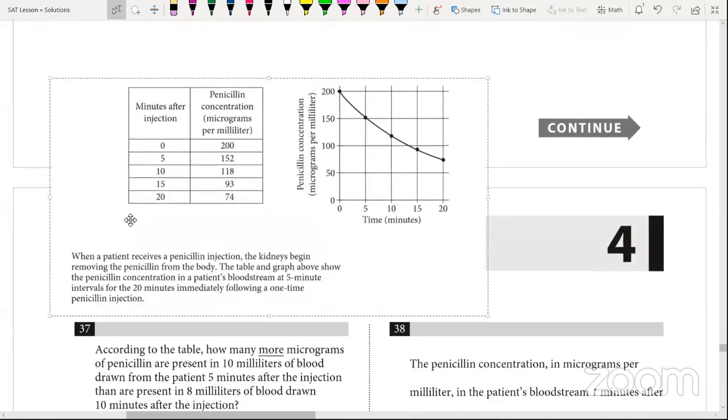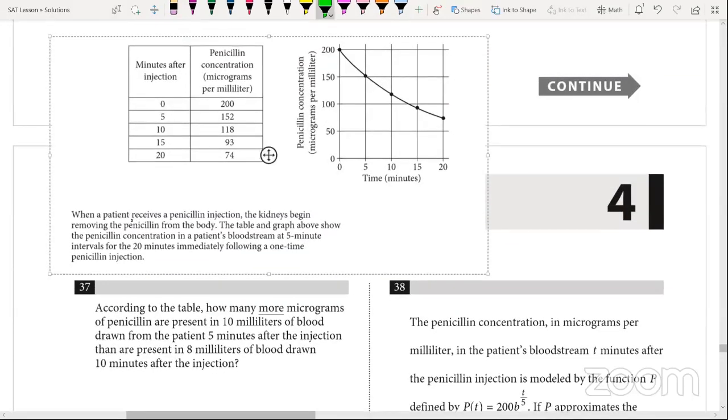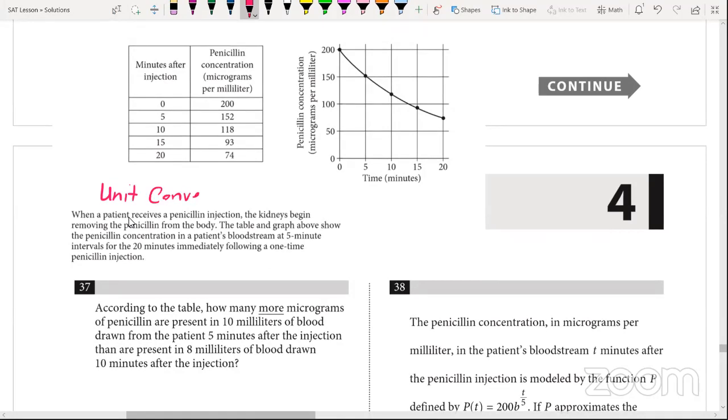It's actually quite interesting because I have a table of conversions, and everything here is talking about the number of micrograms per milliliter. This tells you how to convert between micrograms and milliliters depending on the number of minutes after the injection. So there's a different conversion depending on how many minutes have passed since the injection.